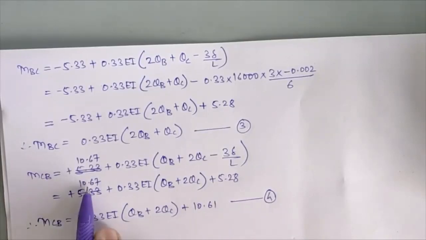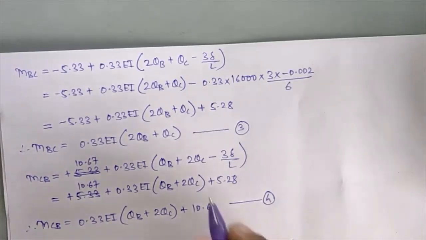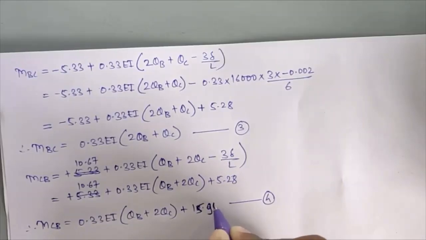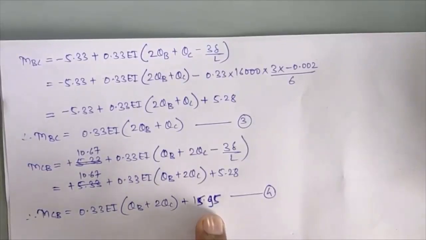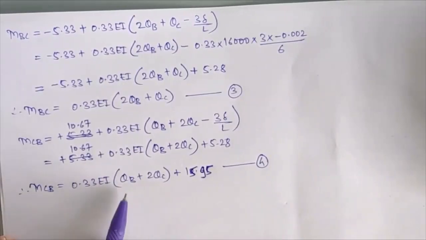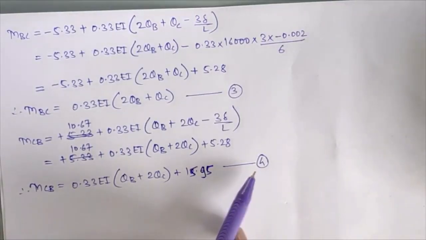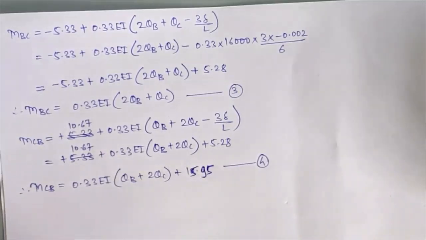So simplification of this 10.67 plus this 5.28, that we get equal to 15.95. So note this correction: MCB you are getting 0.33 times EI into theta b plus 2 times of theta c plus 15.95, that is equation number 4 over there. Please note this correction.